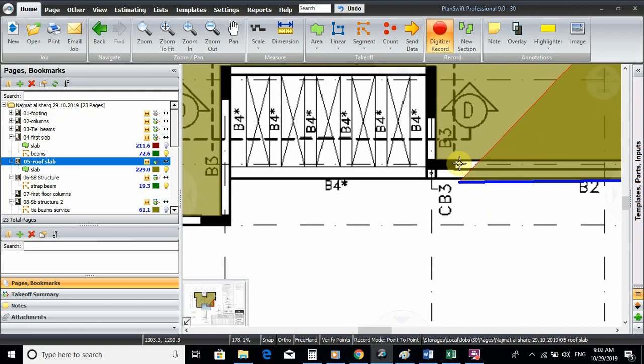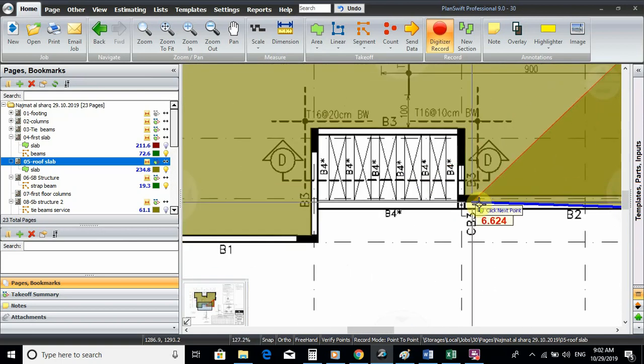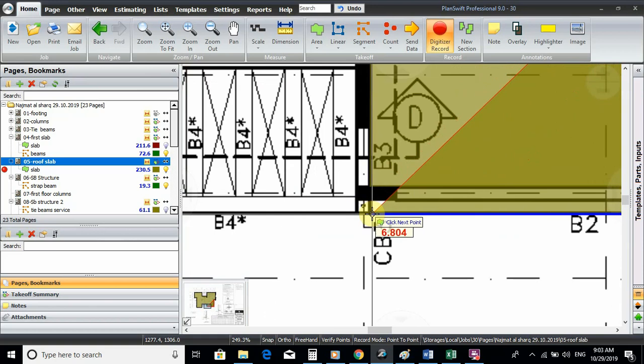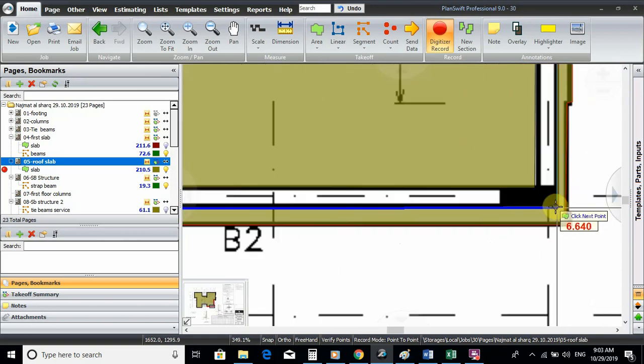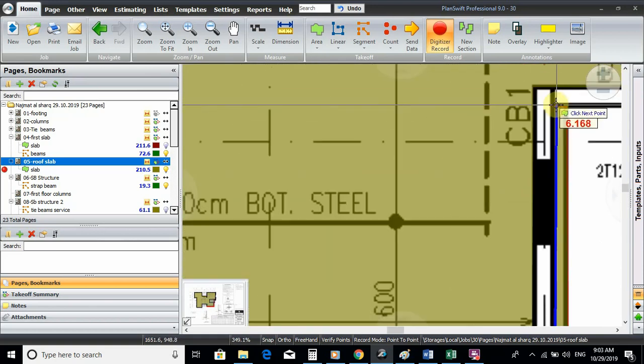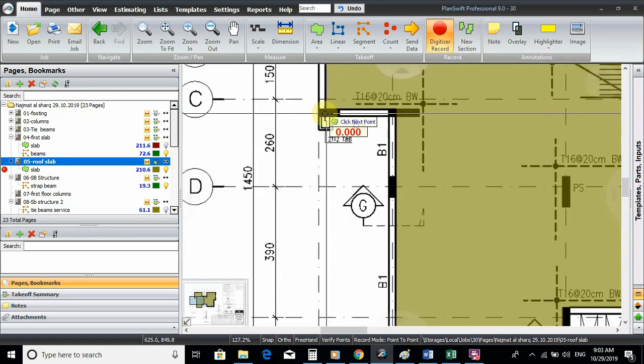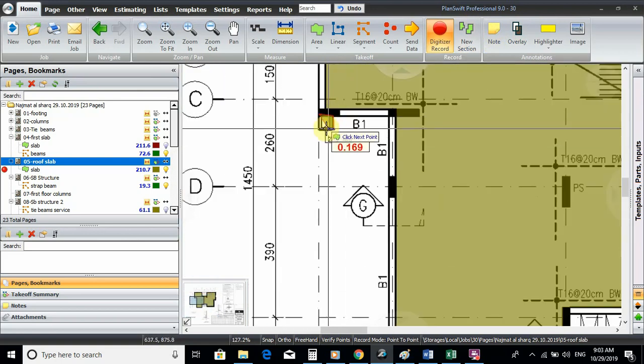You'll calculate the projections alone. This is not a projection, this is a beam. Stop here. Now there are no more projections, only this one.